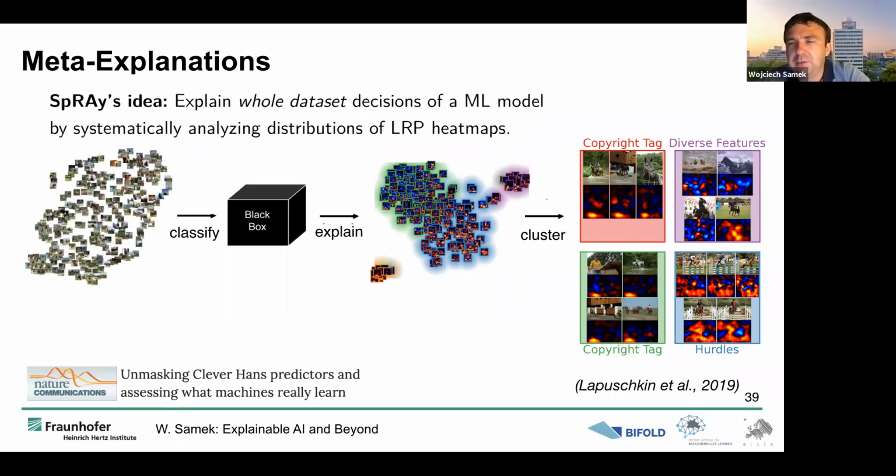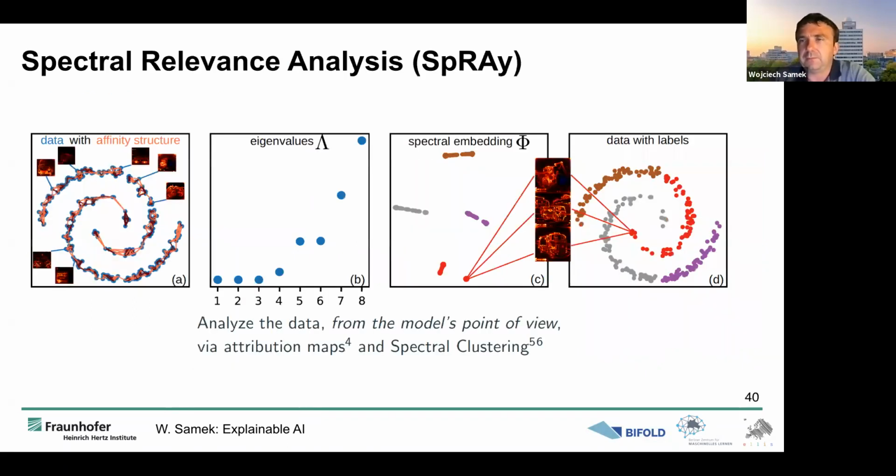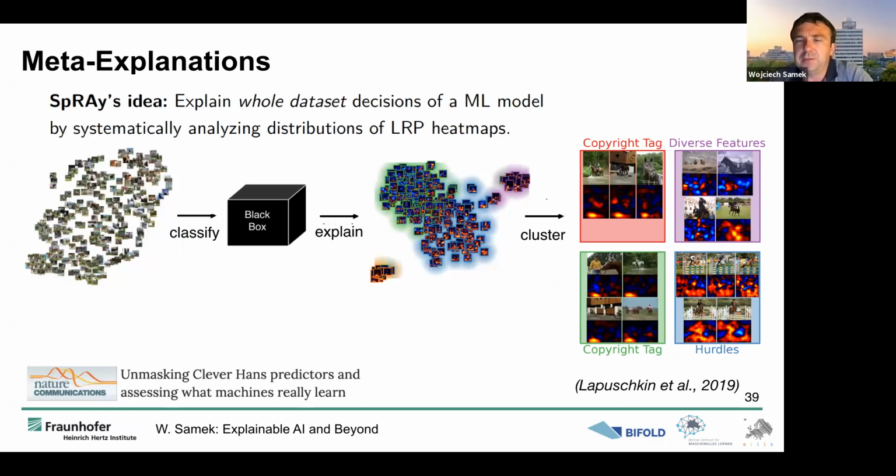So there is this copyright tag strategy, but there is also another one where the model is looking at some features in the image, like the horses jumping above.